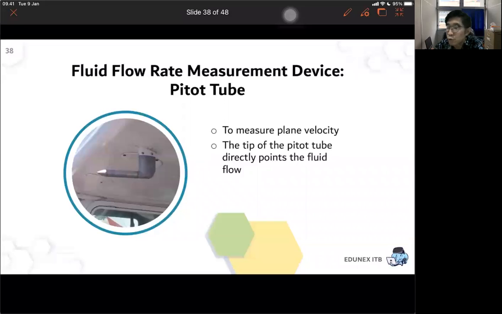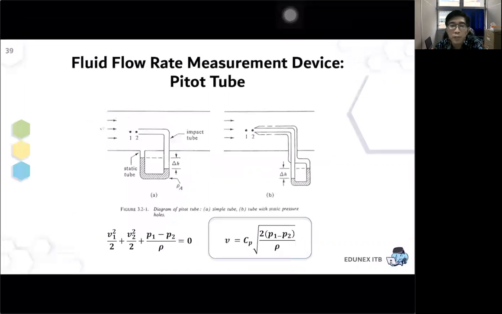Starting from the pitot tube, this is to measure the flow rate of the fluid by putting a very small tube in the flow. By using the principle of Bernoulli and also the mass balance equation, you can find the correlation to get the velocity.